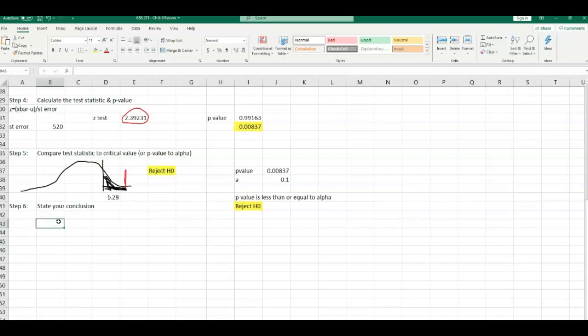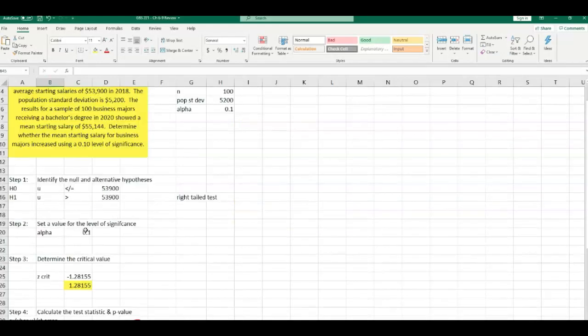So now our conclusion here in step 6, right? That's just rejecting the null hypothesis. But once again, we need to explain what that means. Our null hypothesis here was that the mean would be less than or equal to 53,900, meaning the mean starting salary of business majors would have stayed the same or decreased.